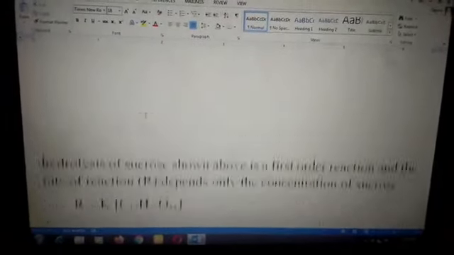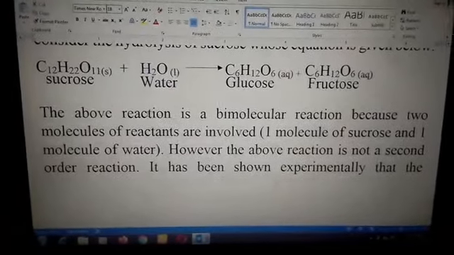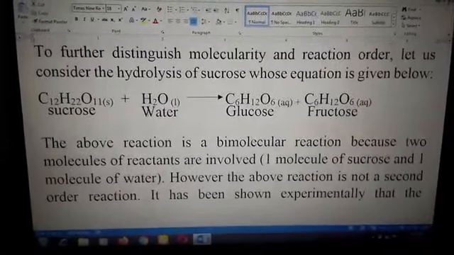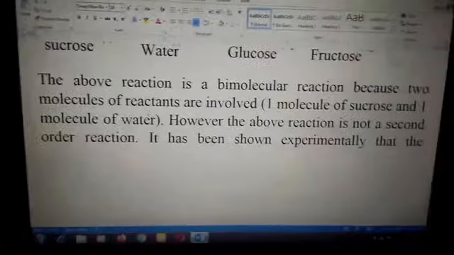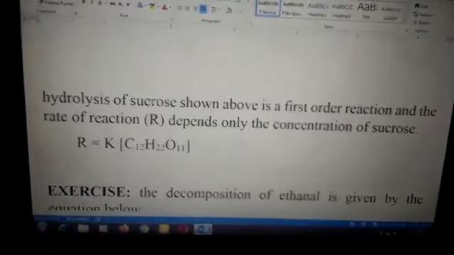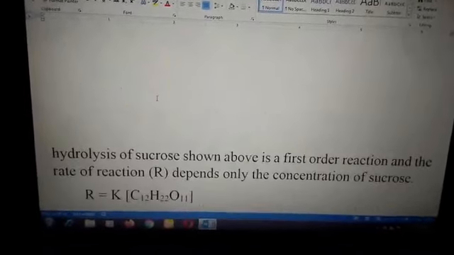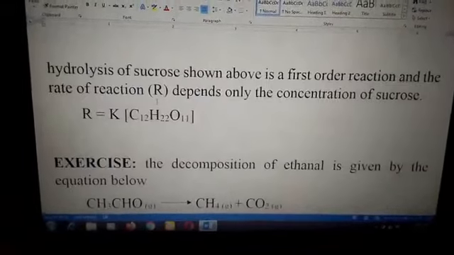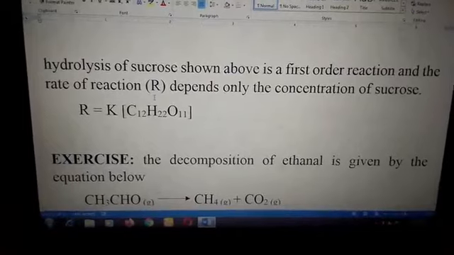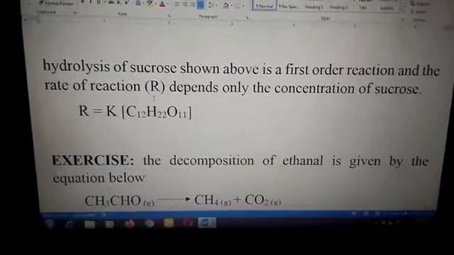So you see that in this reaction, the rate of reaction does not depend on the concentration of water, but only depends on the concentration of sucrose raised to power 1. So that reaction is first order. But in terms of molecularity, it is bimolecular. But in terms of reaction order, it is first order. So the order is determined by experiment and not by looking at the chemical equation.